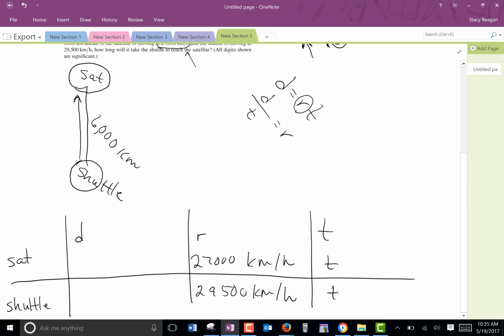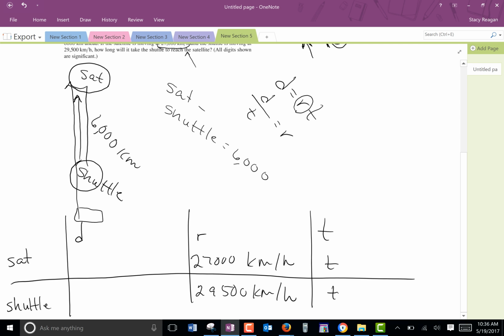So basically what we're really saying is that if I took the whole distance that the satellite covered, and let's say we had a starting point down here and they both started at the same place, and then the satellite had traveled 6,000 more. If I took the distance that the satellite covered and subtracted the distance that the shuttle covered, I'm going to have 6,000, because that's the difference in their distances.